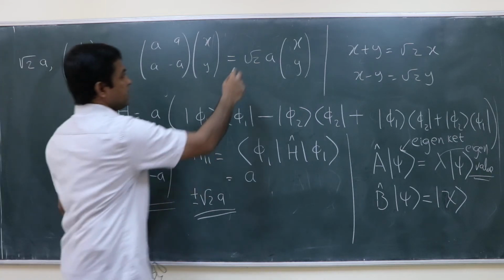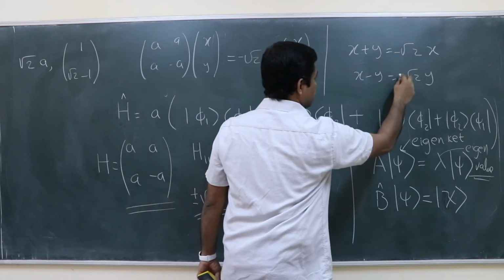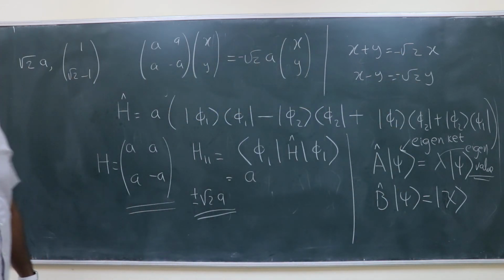If I put minus root 2a, what am I going to get? Because in that case, this will be minus and this will be minus. So what will I get? You can put y is equal to 1.